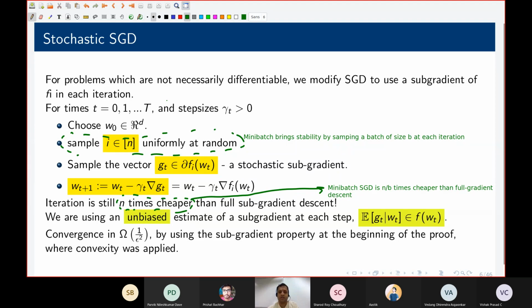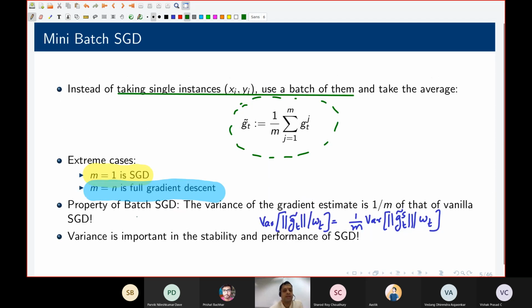And it's natural: if you take the extreme case where m equals n, you recover the full gradient, and the variance is also 1 upon n.